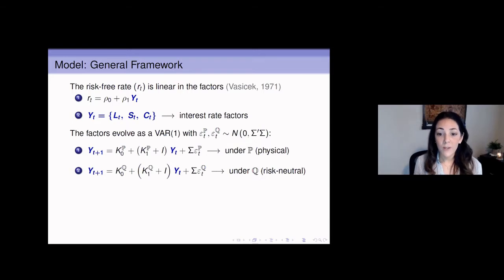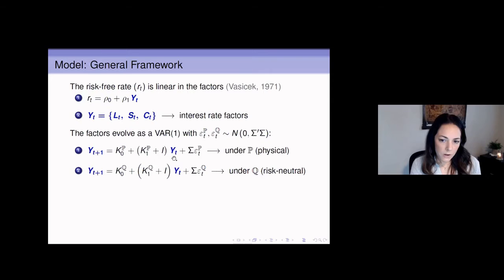So this is the autoregressive nature of the factors. If you want to know what the factors will be tomorrow, you can just look at where the factors are today, and you know there will be plus or minus uncertainty around that number, but that's how factors move over time. They are persistent. Now, the closer this K1P plus I is to 1, the more persistent and the more slow moving that factor will be, which means that the closer this number is to 1, the more the past will matter for determining where the factors go next.